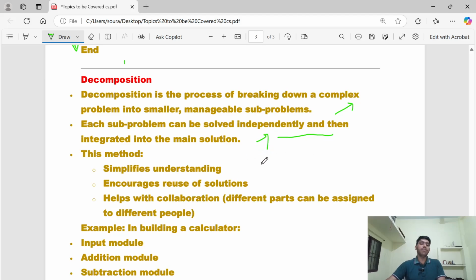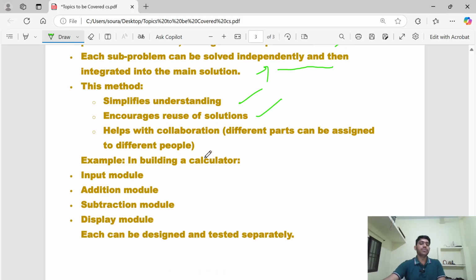This method simplifies understanding, encourages reuse of solutions, and helps with collaboration. Different parts can be assigned to different people. One example given here is building a calculator program.